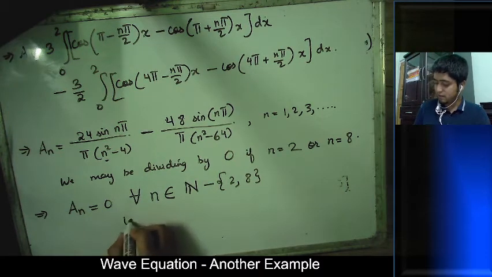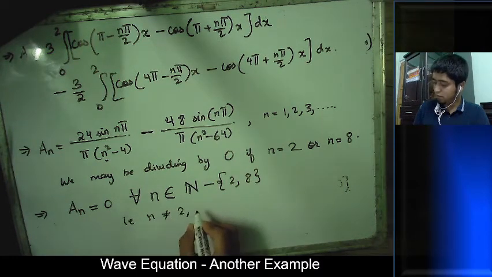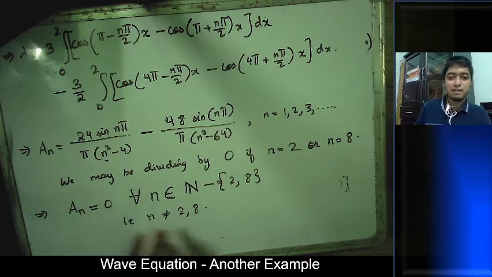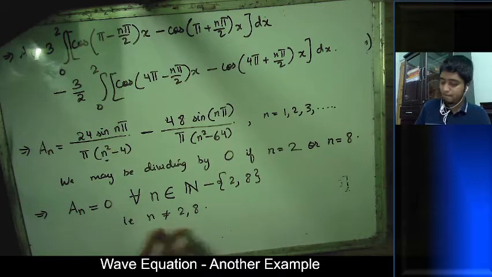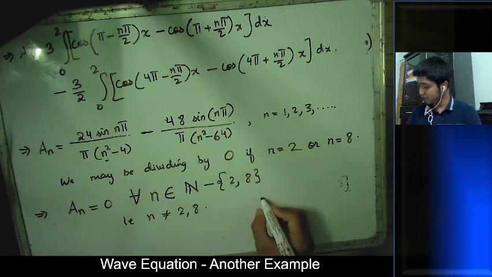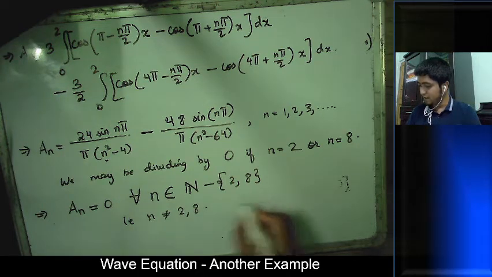That is, n unequal to 2 and 8. For all other values, the value of aₙ will be equal to 0.